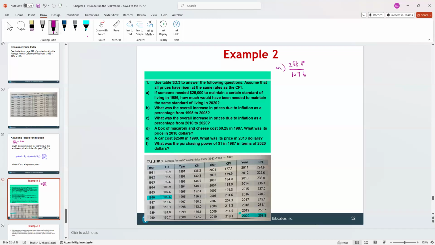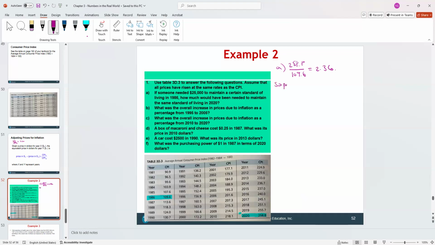Now, when we divide these two, as we said, you divide the 2020 CPI by the 1986 CPI to find the factor by which prices in 2020 were larger than prices in 1986. So when you take these two, it gives you 2.36.